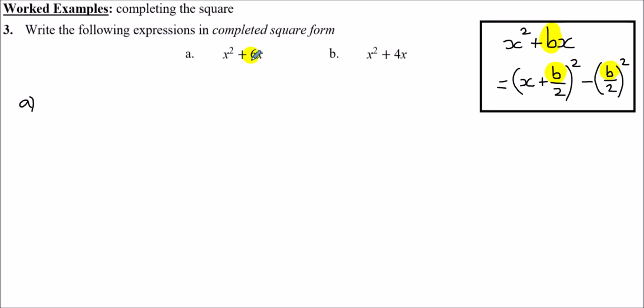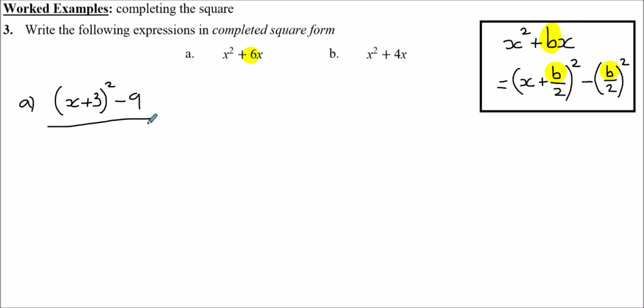So here we have plus 6. So what we do is we put into brackets the x and half of that 6. Square it. Then we minus off that half of the 6, which is 3, all squared. So we minus off whatever's in this end bit of the bracket squared. 3 squared is 9.